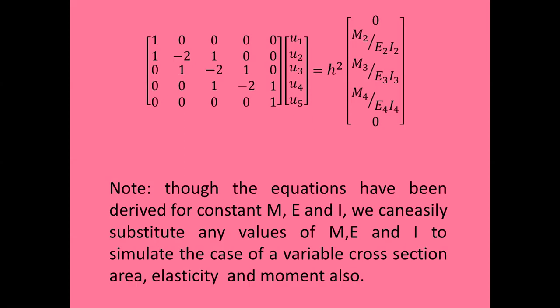So kindly notice that though we have started with a relatively simple case of a constant cross-section with one material, with a rather simple loading on the beam, we can very well substitute the values of bending moment, elasticity and area moment of inertia, which are given as M2, M3, M4 for bending moment, E2, E3 and E4 for elasticity, and I2, I3 and I4 for the area moment of inertia.